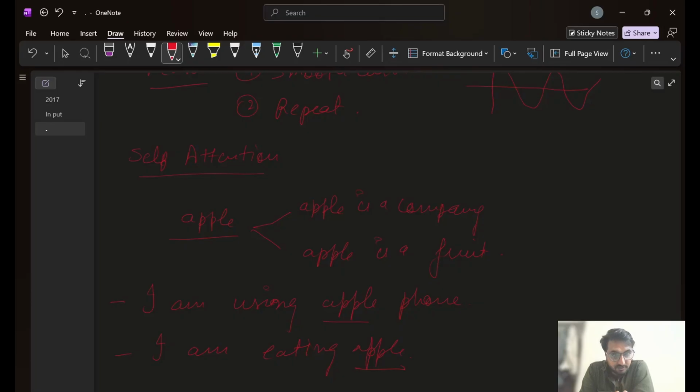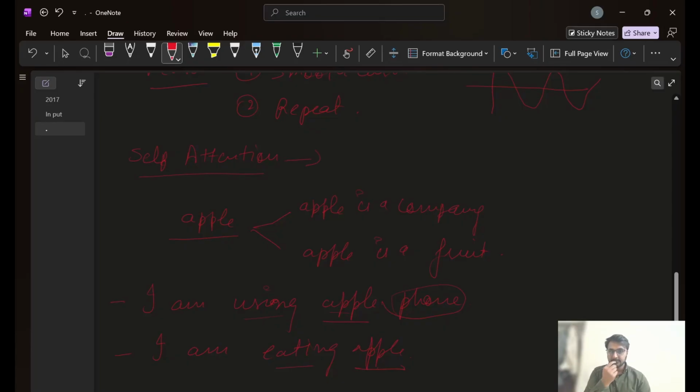By looking at other words, for example in the first sentence, phone refers to the Apple company, and using tells us it is a phone that I'm using. But in the second sentence, I'm eating apple. So this word has different meanings, different contexts, in two different sentences. To capture that context, a mechanism called attention came into the picture.